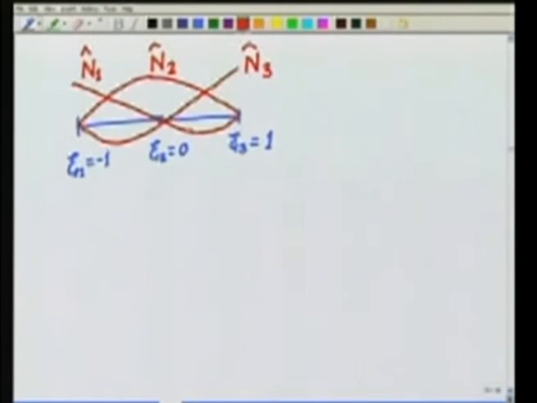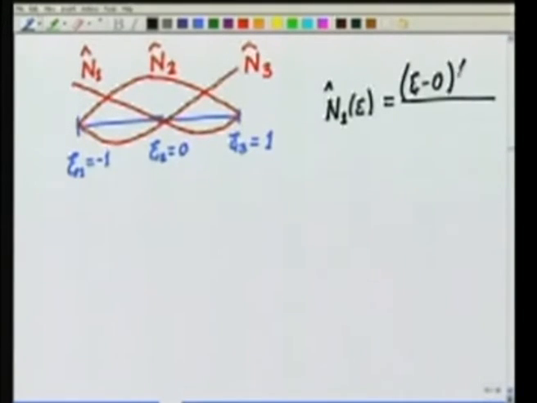So again we use the same definition of the Lagrange polynomials that we had defined earlier. So I know that my n1 hat as a function of psi will be equal to psi minus psi 2, which is 0, into psi minus psi 3, that is, it has to vanish at the point psi 3 which is 1, and here we will have psi 1 minus psi 2, so minus 1 minus 0, here I will have psi 1 minus psi 3.